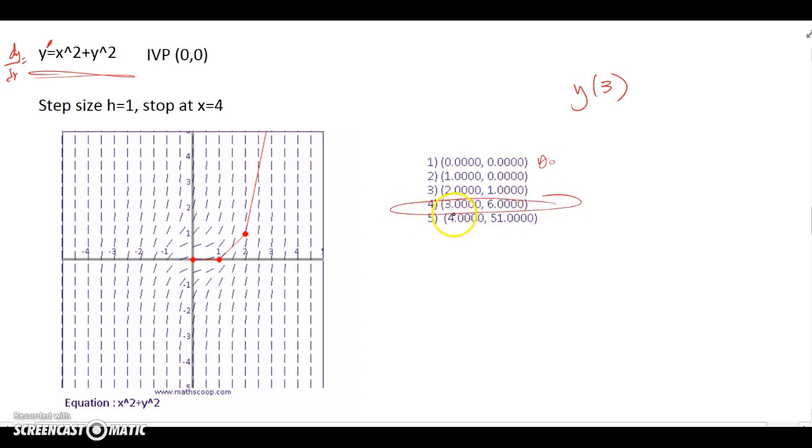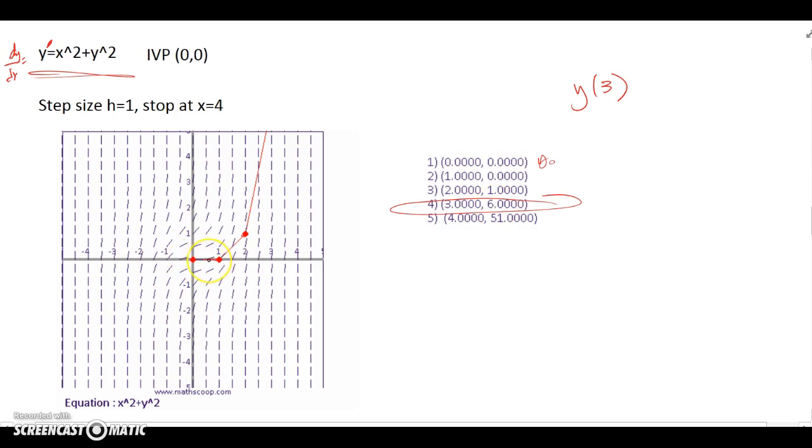So when we get to x equals 3, the y coordinate is 6. And all that's happening here is all these ordered pairs are being plotted and then connected with lines to get an approximate solution to the curve that goes through 0, 0, but we have to have a starting location and where are we really going and stopping at to see exactly what the y value will be.